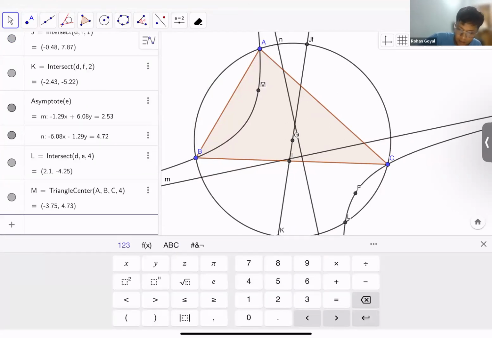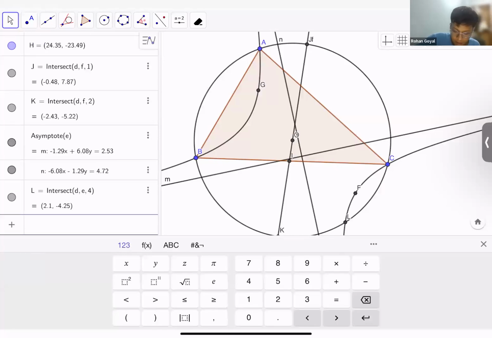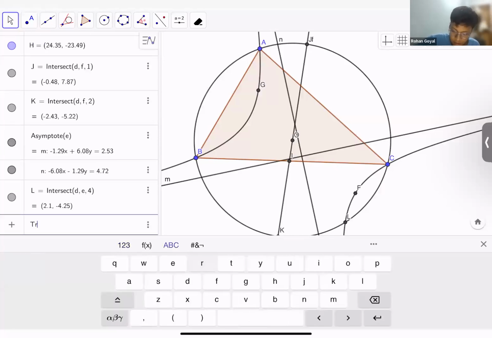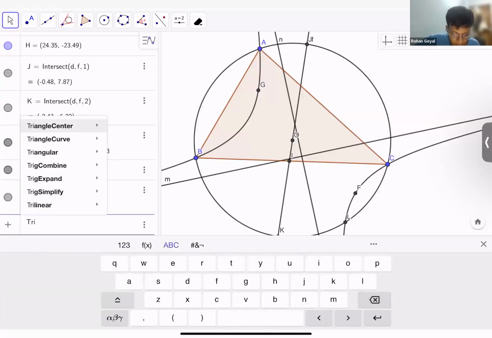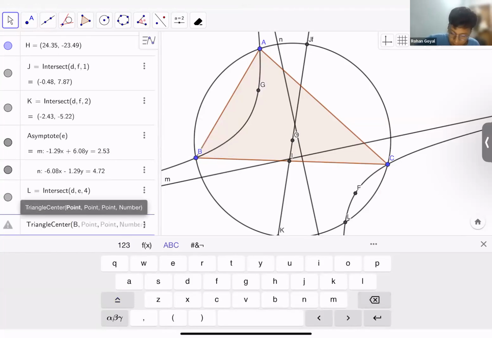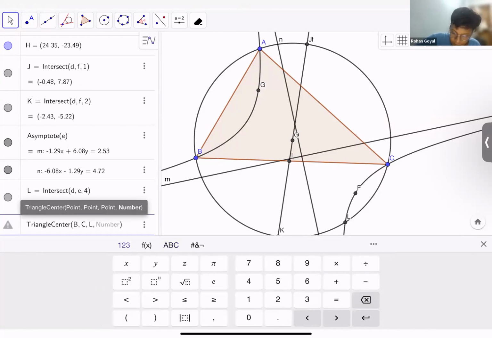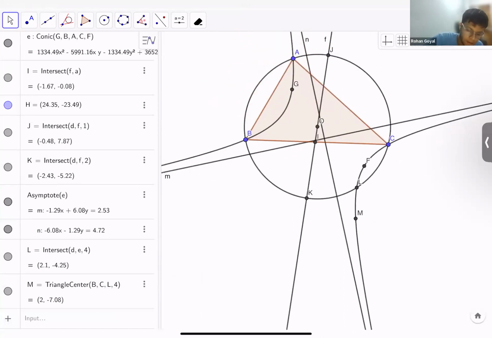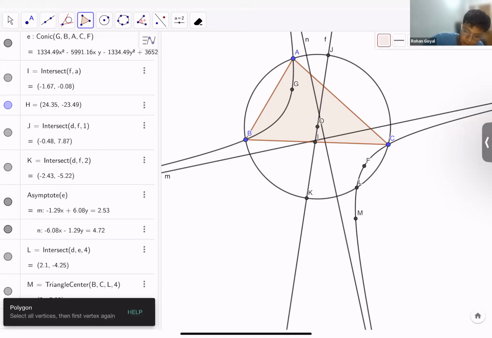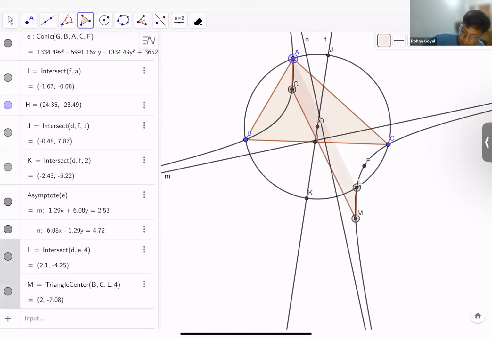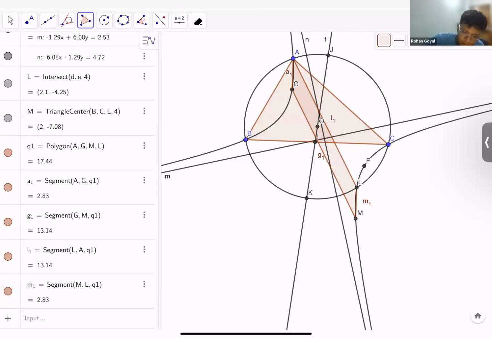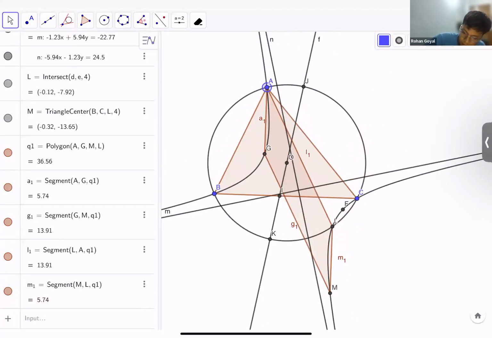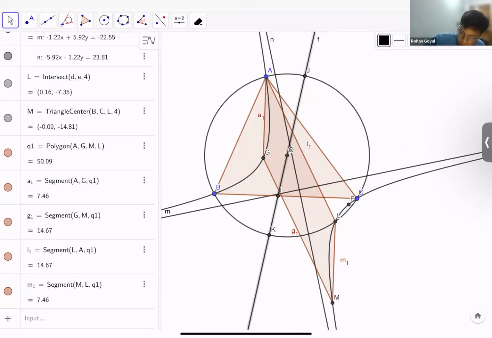And the center of BCD, not triangle center, M. So our figure is like the parallelogram is AH, and I'm trying to mark this line.